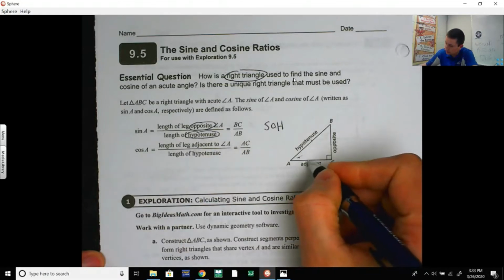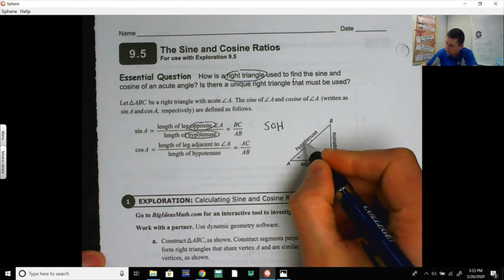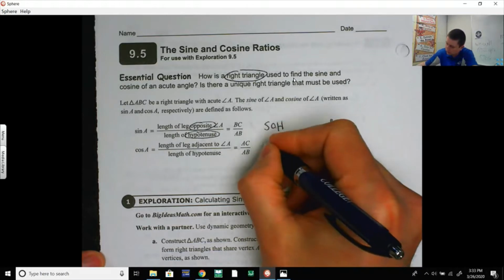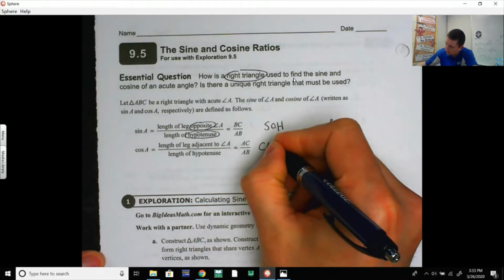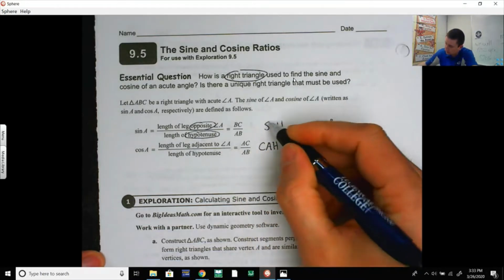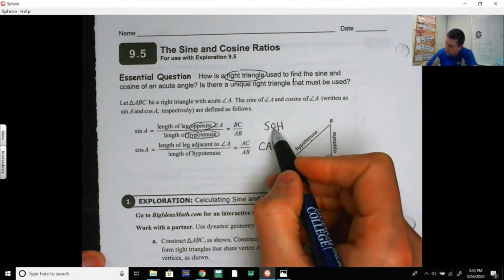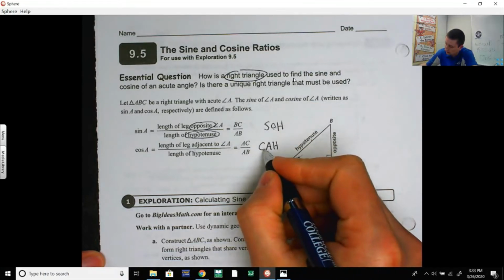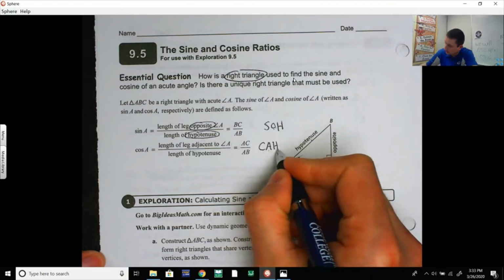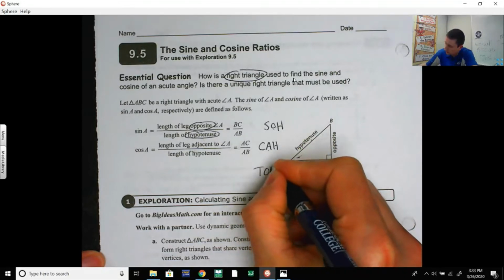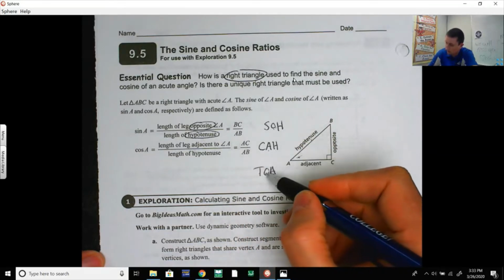It's going to be the adjacent over the hypotenuse. So both sine and cosine use adjacent. So you have sine is opposite over hypotenuse, cosine is adjacent over hypotenuse, and then we had TOA from the other lesson.